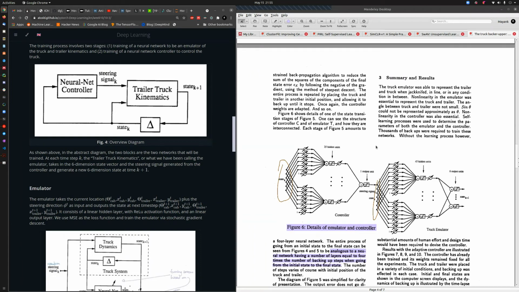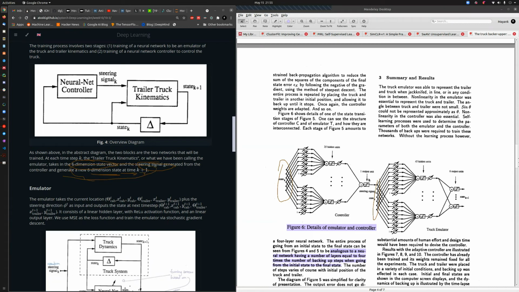This was the initial representation of the 6-dimensional state vector and the steering angle that they generated to generate a new 6-dimensional state at time k plus 1.